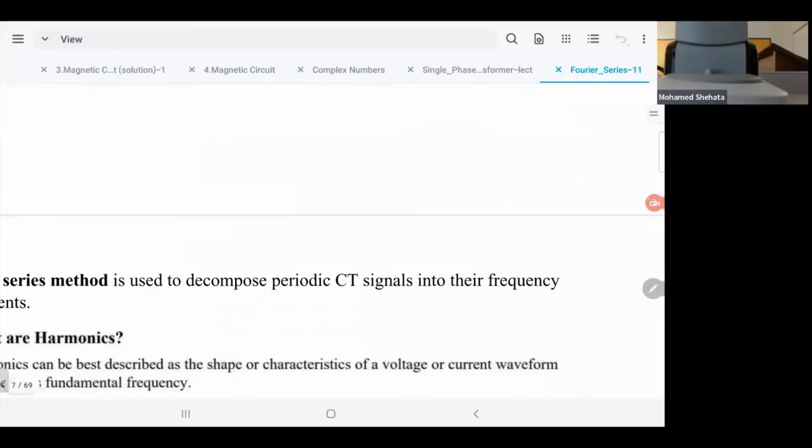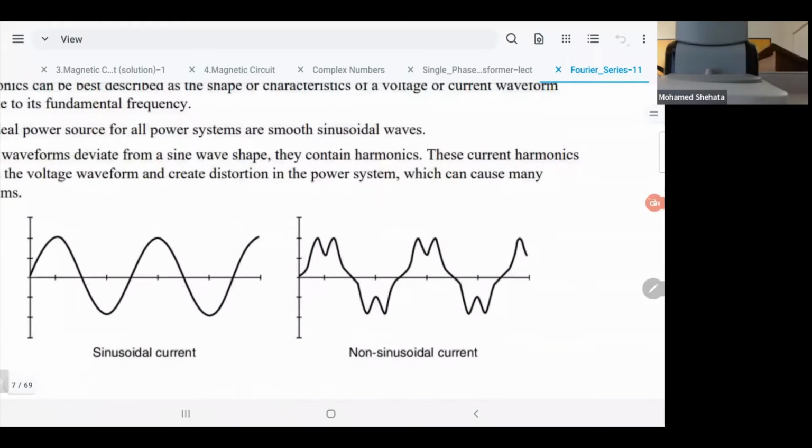And these harmonics and the distortion cause overheating. This huge motor, its winding burned, and it didn't work and it stopped. When it stopped for 1 day, they lost $5 million for one motor for the cement company.